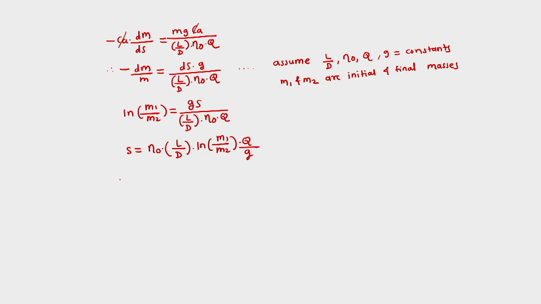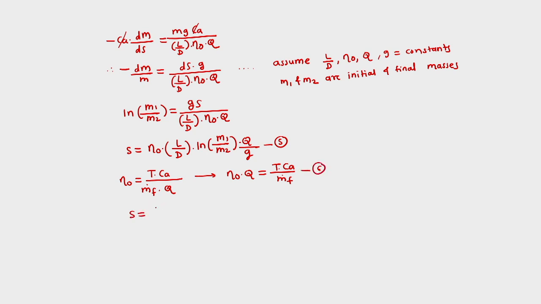We again will use the formula for overall efficiency, which was T Ca divided by m dot f into Q, and we will call it equation number 5. We will say that overall efficiency into Q was T Ca divided by m dot f, and keep this as equation number 6.